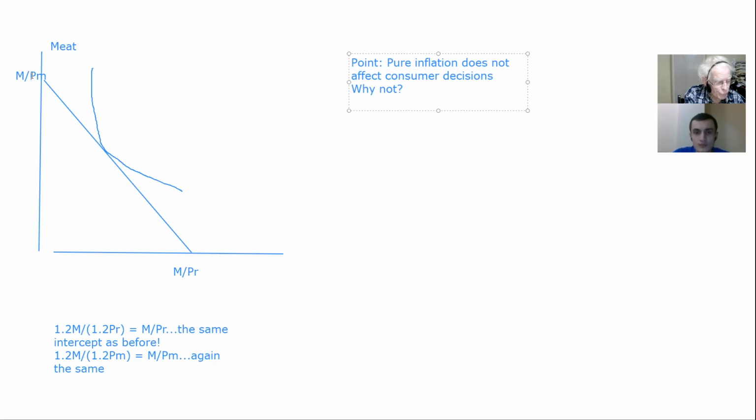In general, a change in prices or a change in income can affect consumption by influencing the budget constraint.